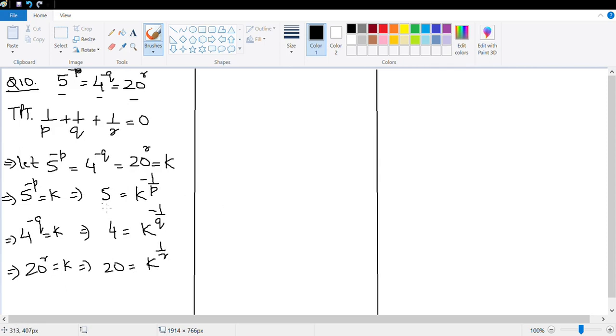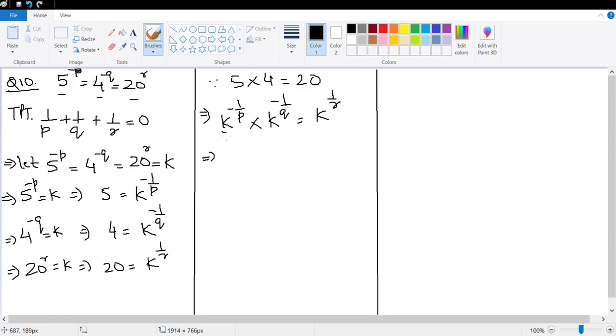Now, I know that 5 into 4 is equal to 20. Since 5 into 4 is equal to 20, let's replace values. 5 is k to the power negative 1 upon p, 4 is k to the power negative 1 upon q, and 20 is k to the power 1 upon r.